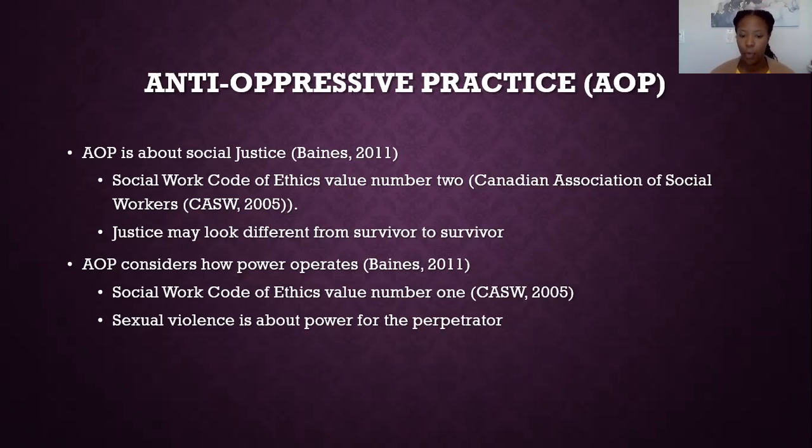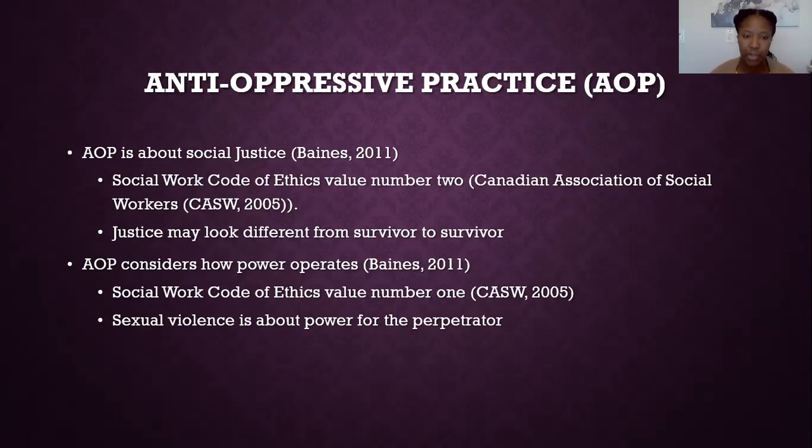So one, it focuses on how power is used, and we mentioned that earlier, and it also focuses on how you can empower people who are discriminated against, who are oppressed. Like we are seeing here, victims of sexual assault are oppressed in the criminal justice system. And if we are not careful as social workers about how we work with these folks, we can also perpetuate that oppression as well.